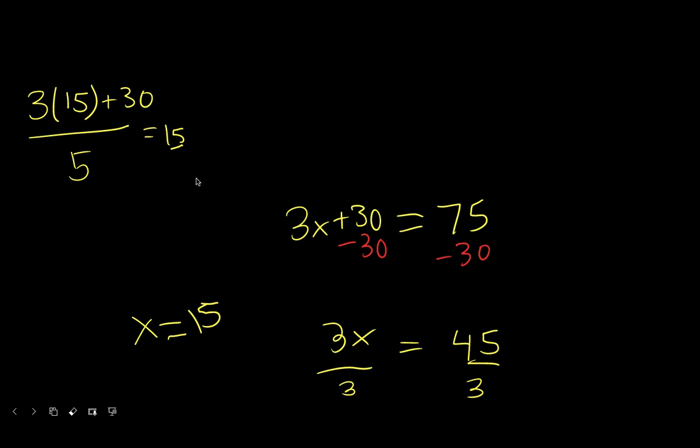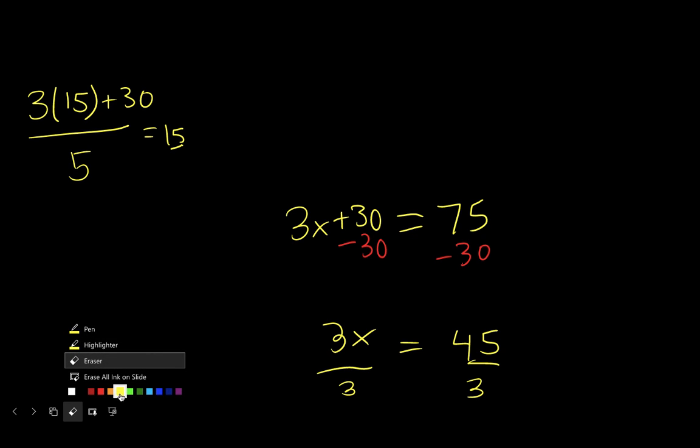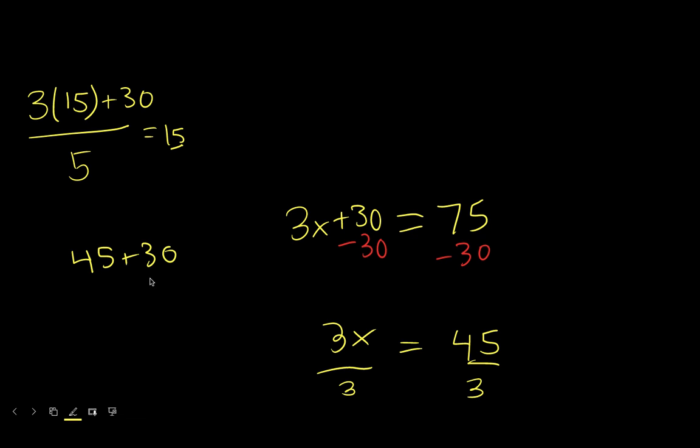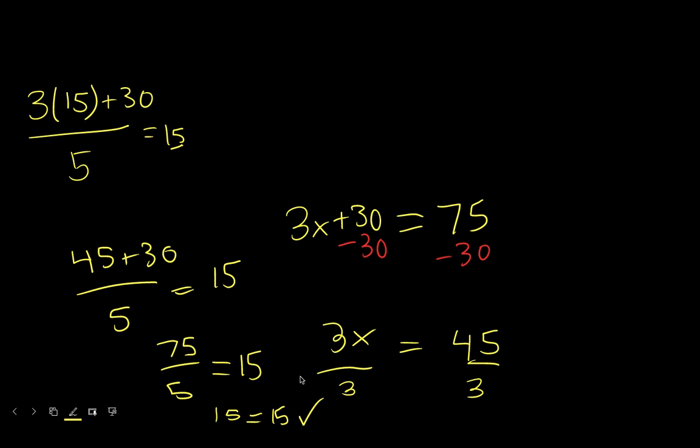First thing we're going to do is we're going to solve the top part. 3 times 15 is 45 plus 30 over 5 is equal to 15. 45 plus 30 is 75 over 5 is equal to 15. And then 75 divided by 5, like we said in the math, is equal to 15. 15 is equal to 15, and that checks out. X is equal to 15.